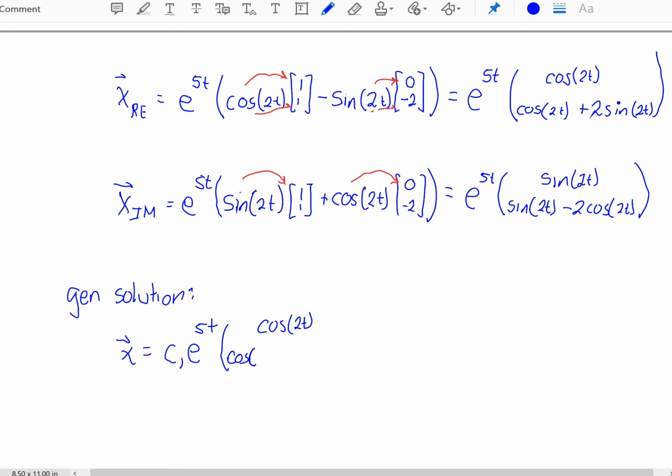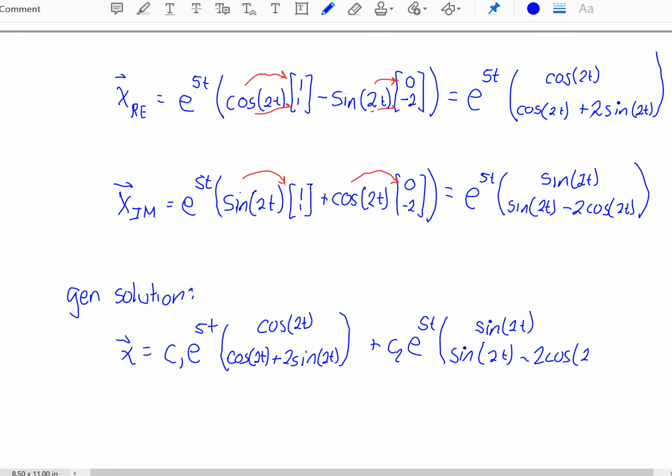Second component was cosine 2t plus 2 sine 2t, plus c2 times our imaginary component, which had a sine of 2t, sine of 2t minus 2 cosine. Now this is a great form for our general solution.